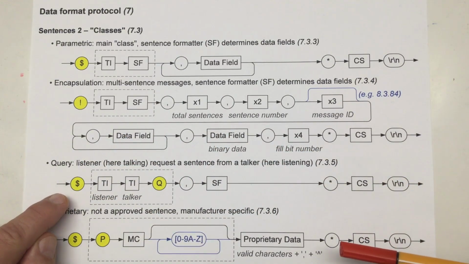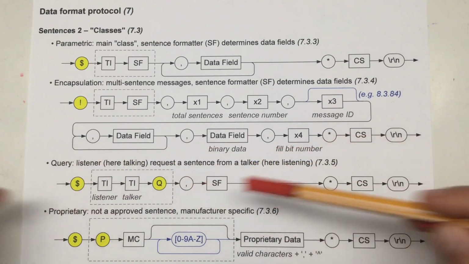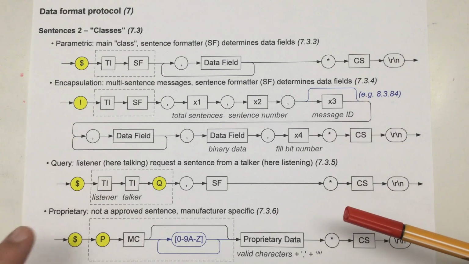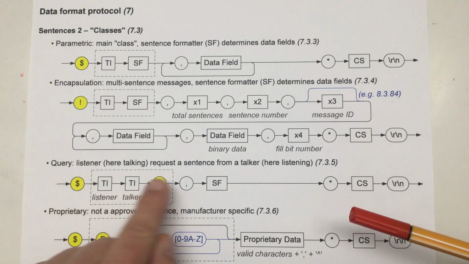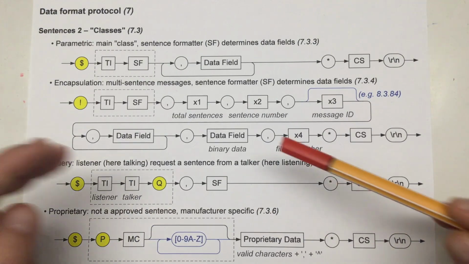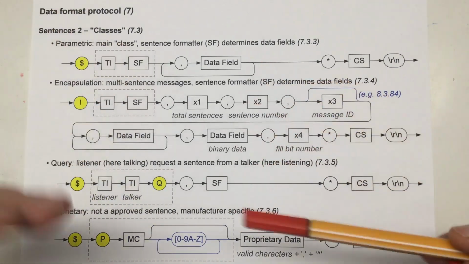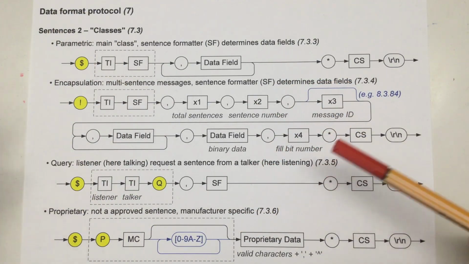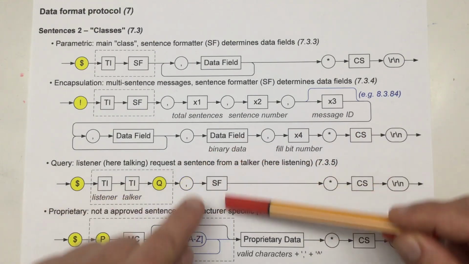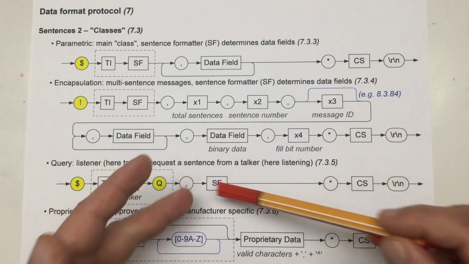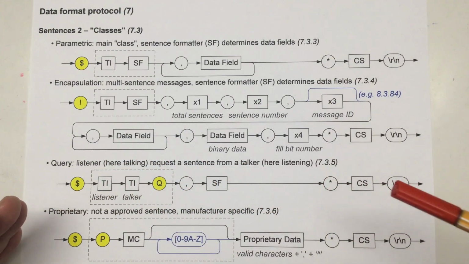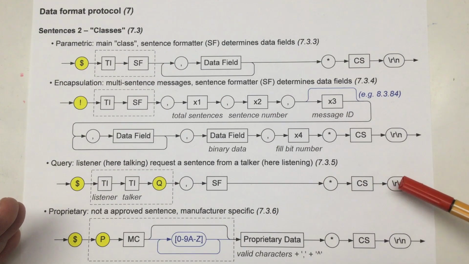So they start with $, and then comes our query address field, and the first talker identifier here in that address field is the listener requesting a sentence, and the second talker identifier is the talker from which the sentence is requested. That's followed by a Q, comma, then the sentence formatter, that's of course the sentence we want to have from the talker, star, checksum, carriage return new line.